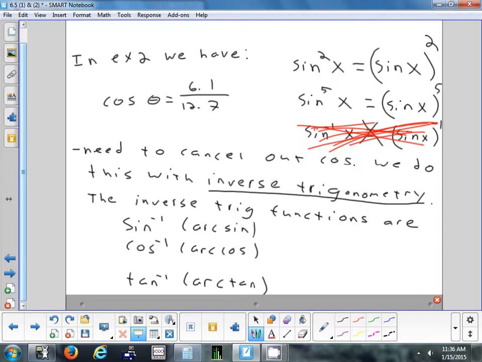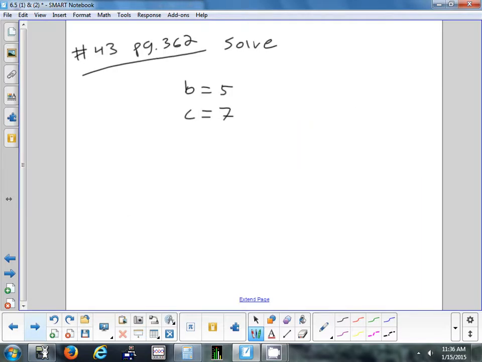We already went through all that. That's another example which I'm going to skip over. I'll give you an outline of the steps. Step 1 would be to make a diagram, just like that. Step 2, I'd use the Pythagorean Theorem to find A. After that, I would use inverse sine to find beta, because beta is opposite and hypotenuse.